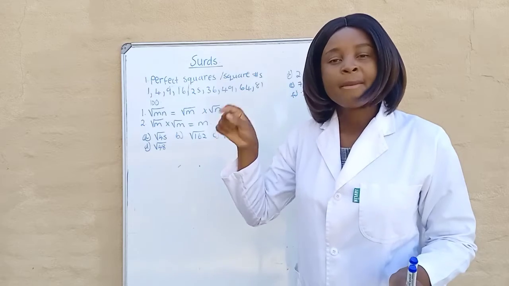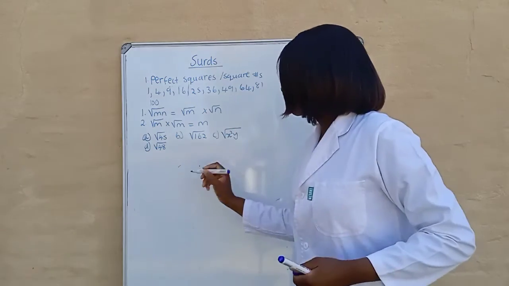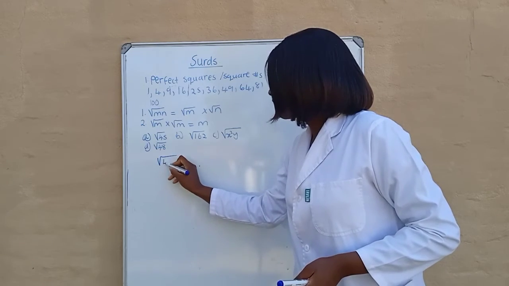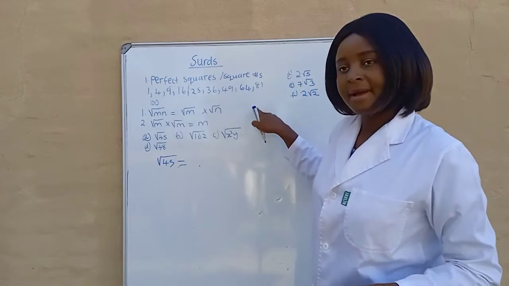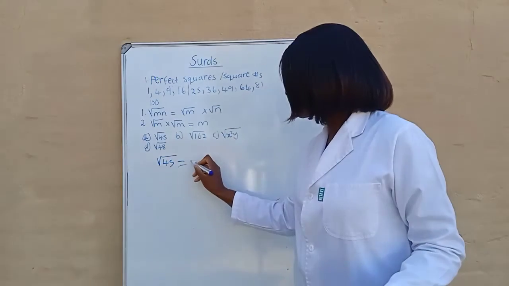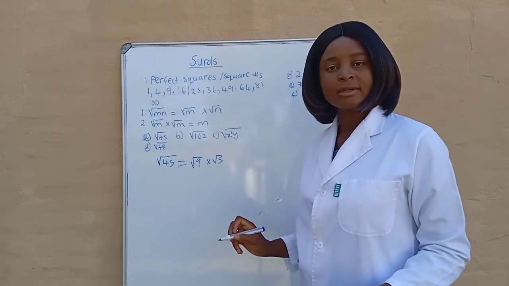Why a square number? Because with square numbers, you know their exact square roots, right? So we have square root of 45. Making use of our square numbers, 45 is root of 9 times root 5, right?